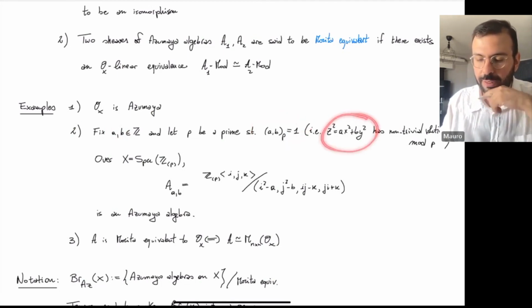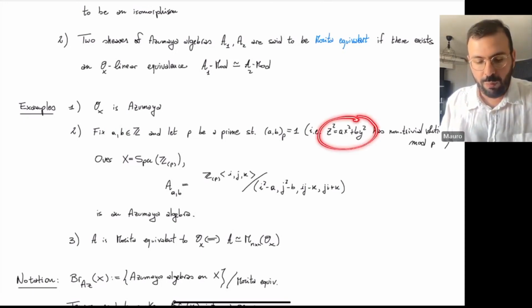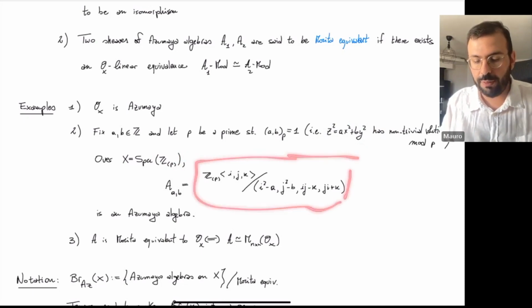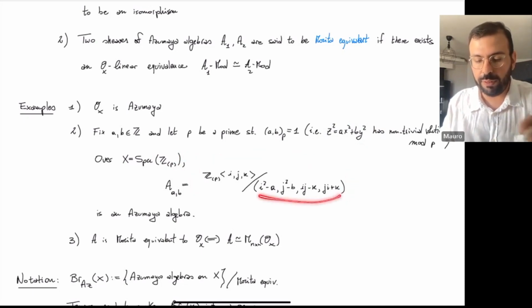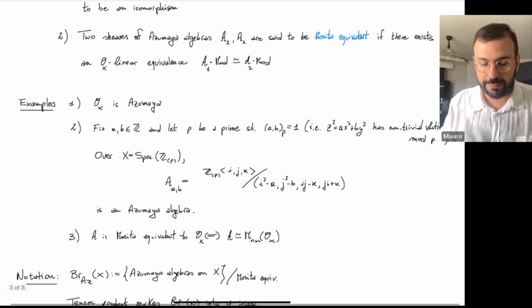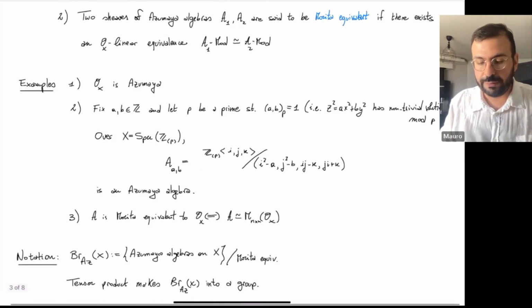So this Diophantine equation has some non-trivial solution. And we work over Z localized at p. Then we can just write one quaternionic algebra. These are like quaternionic relations, and one can check that this is indeed an Azumaya algebra.